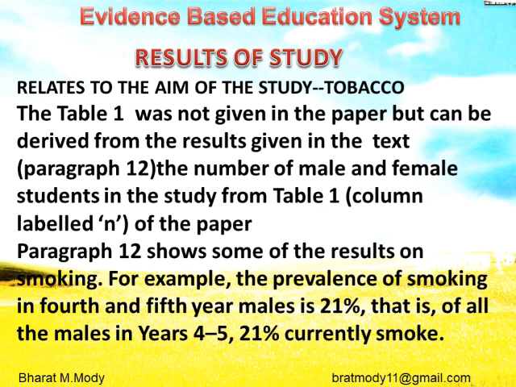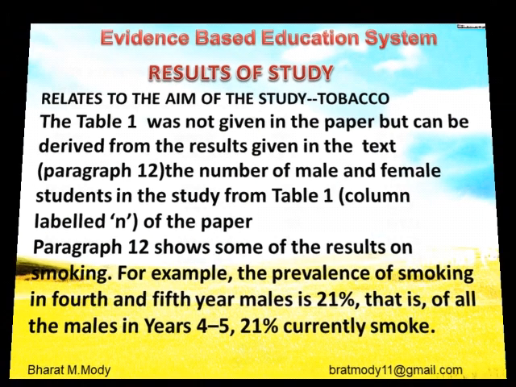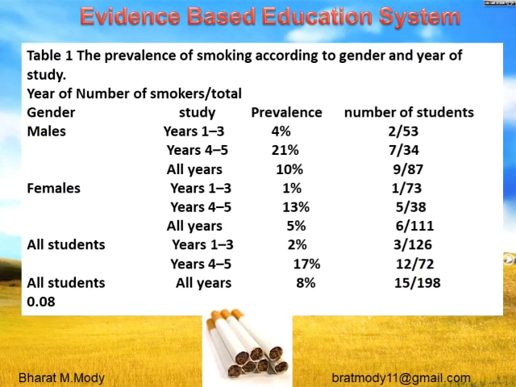That means the males who were present in the 4th and 5th year had in the past or are currently smokers, with 21% of the students doing that over a period of time. If you take the table, then you will be able to make out the different prevalence rates which are there. And when you do both in the males and females, you can find out the gender difference.